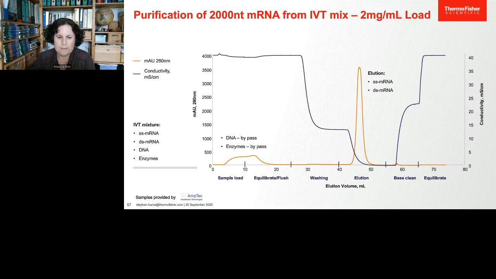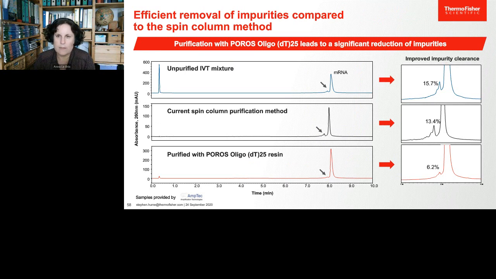Coming to my last slides, we then compare this technique, this chromatography resin, with the existing method on the market, most of the time the spin column. In an unpurified IVT mixture, you would get an mRNA with most of the time 15% or above impurity close to the elution peak.